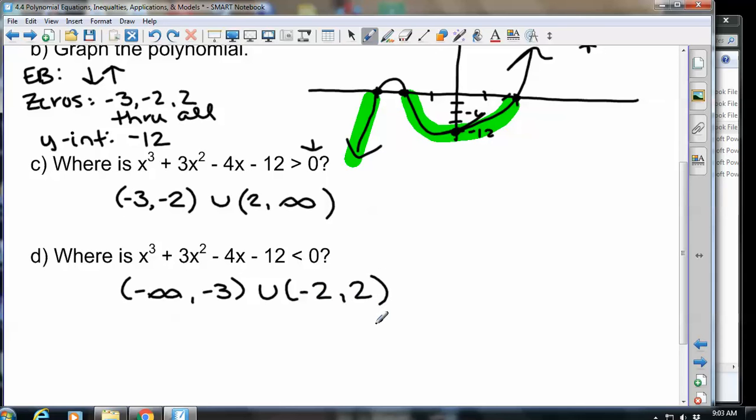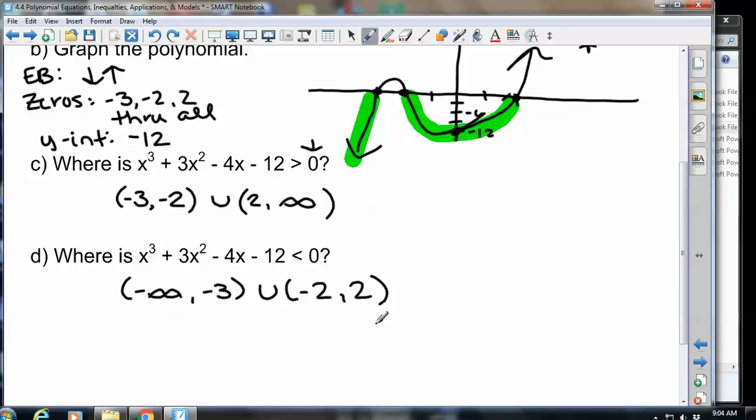Then between -2 and 2. Good. So when do we try grouping as an option for solving these? When there's 4 terms. That's when you check for grouping.